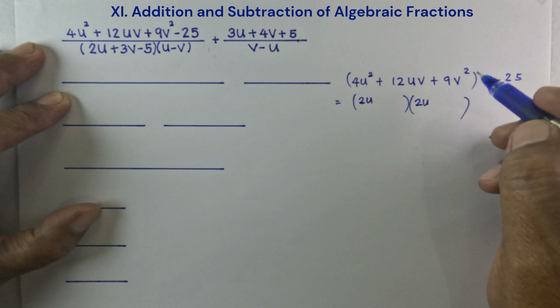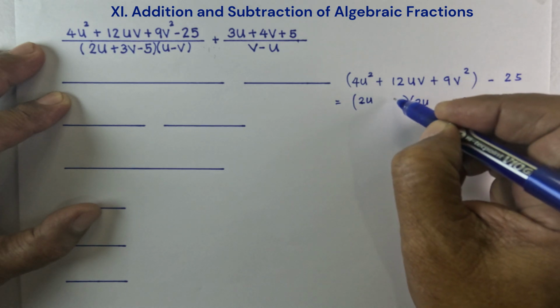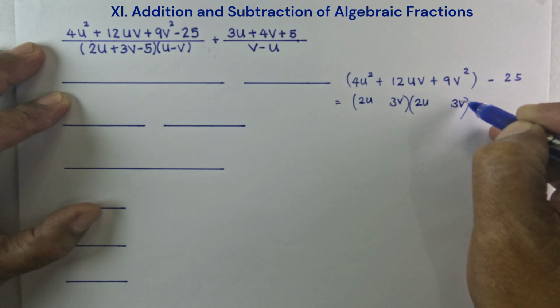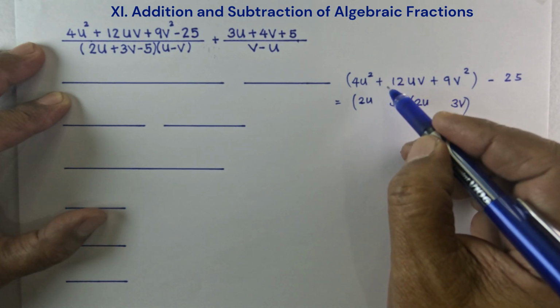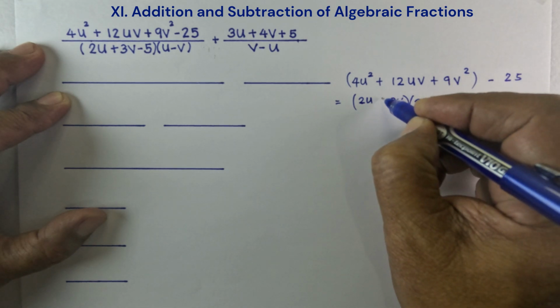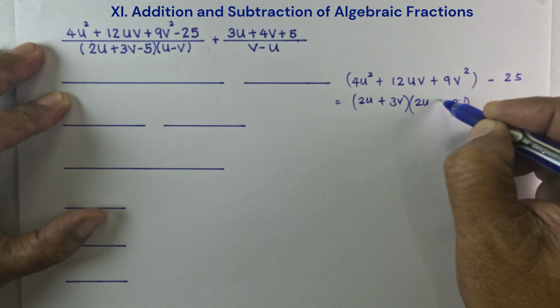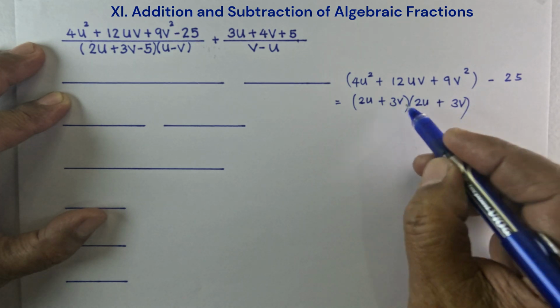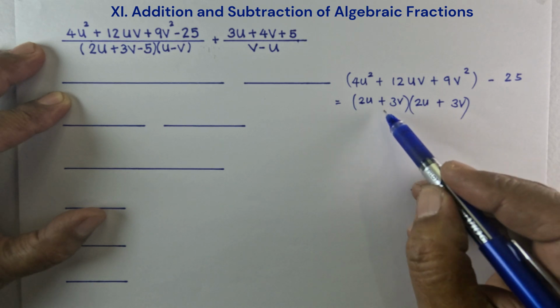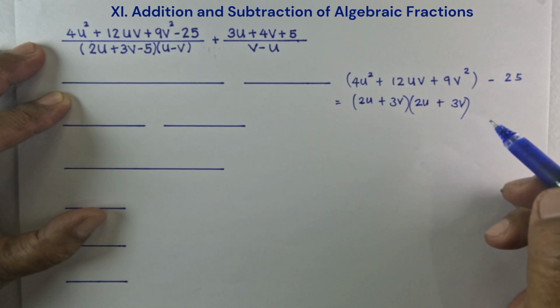So the square root of that is 3v. So I'll write here 3v times 3v here. Now, the sign of the middle term is plus. So I'll write here plus and a plus. So we now have here a product of two identical binomials.